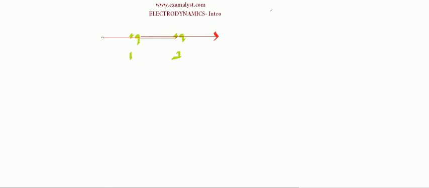I mean the magnitude is the same, and it pushes towards the left. So this is the force on charge 2 given by charge 1, and this is the force towards the left on charge 1 given by charge 2. This is just labeling.